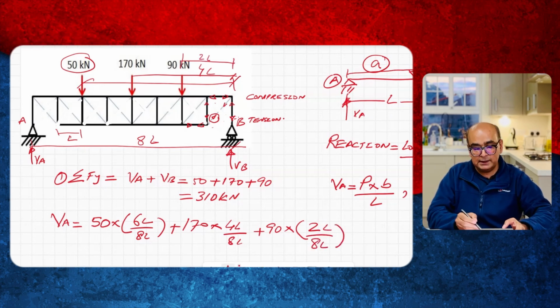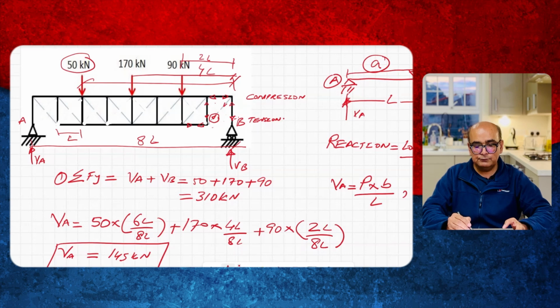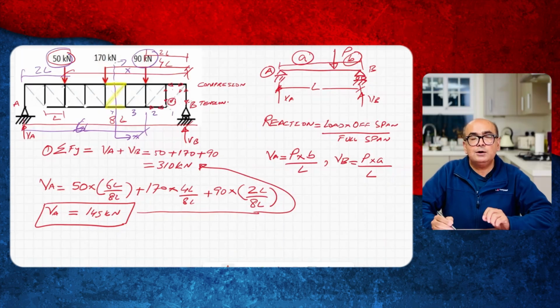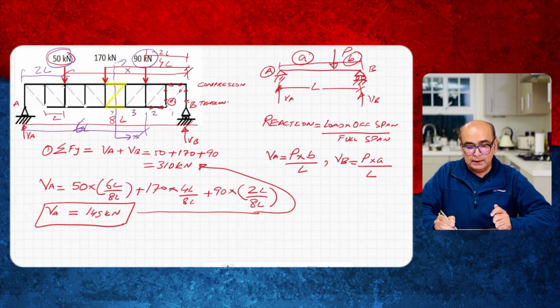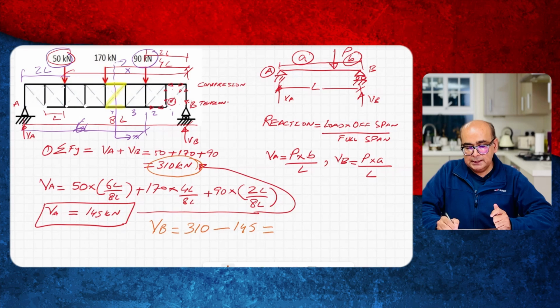If I simplify this, I will get load, which is equal to 145 kilonewton. If you want to find out VB, simply you put this value back in here. Now we can find out the second reaction at B, and for that all we have to do is take VA out from the total load, which is 310. So VB will be equal to 310, take away 145, I will simply get 165 kilonewton for VB.